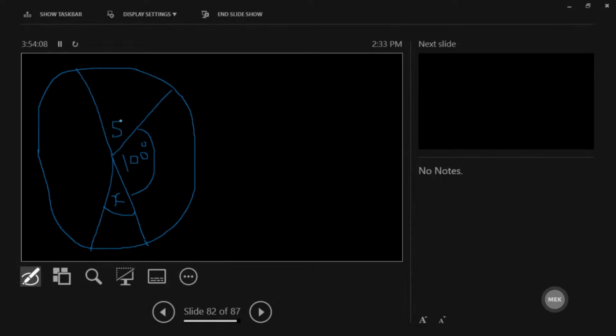This angle is 56 degrees. This angle is 125. Not drawn to scale, right, guys? You know it's not drawn to scale. So 56 degrees, 100 degrees, 125 degrees. What is x? How are we going to work out x?